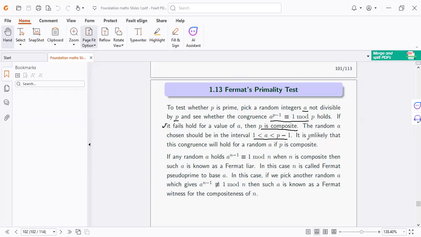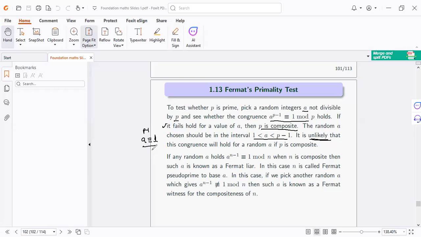Now, I've said that it's unlikely that a number chosen would say that this is equivalent to 1 if indeed P is not prime. It's very unlikely that A raised to this power is equivalent to 1 if P is not prime.